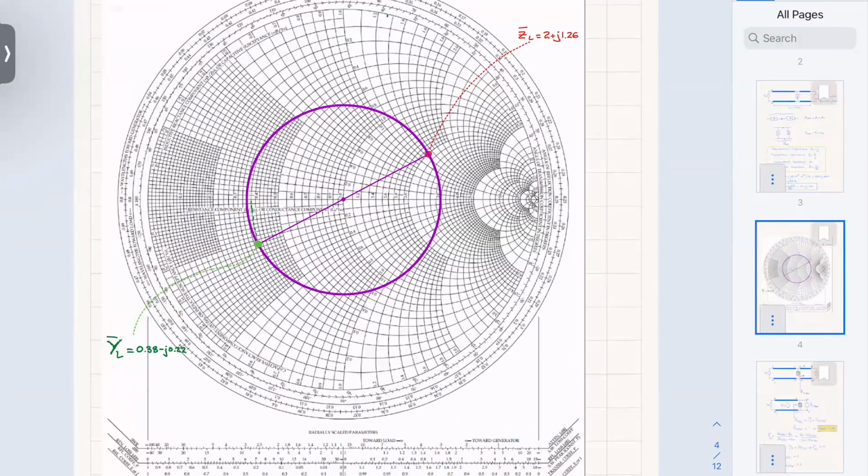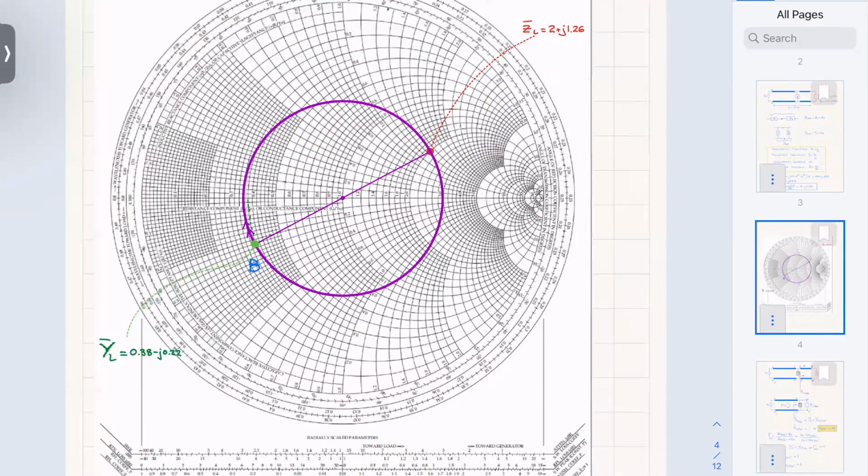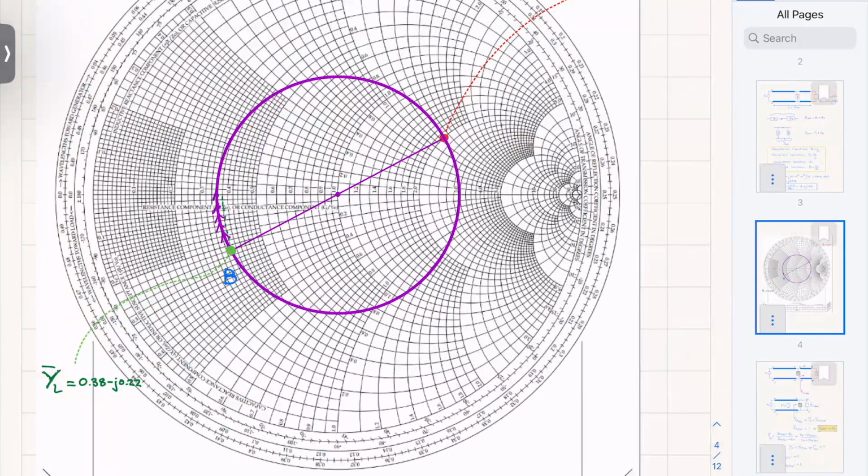So this point here is point B. I have to move along the line like this until I find the resistive circle that has a value of 1, because that is the circle that has a normalized resistive part equal to 1, this one. All right.